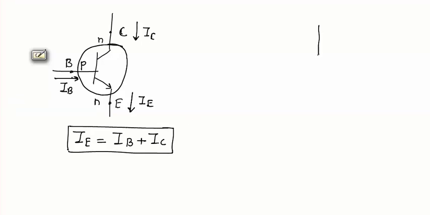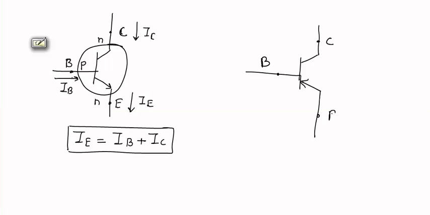Now this is the symbol for a PNP transistor. In PNP transistor, collector will be P-type region, base will be N-type region, and emitter will be P-type region.